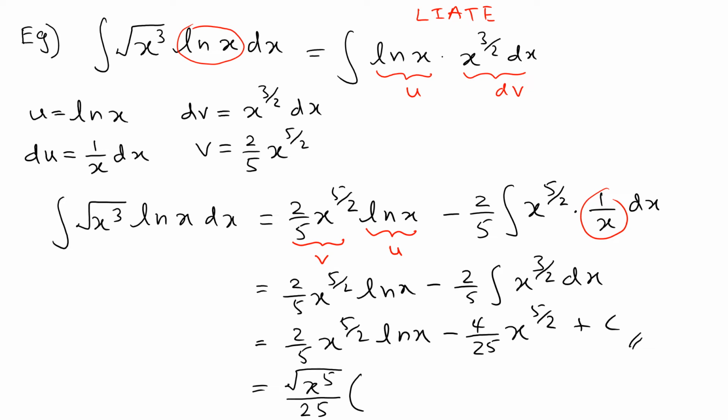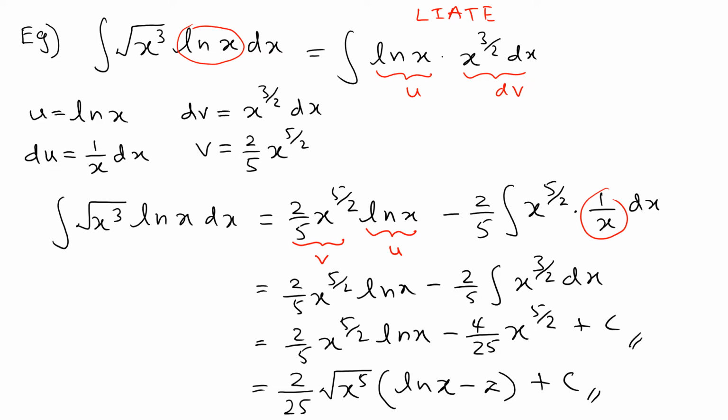So let's write it like this: you can write this as 2/25 times x to the 5/2 power, and then inside you're going to get ln x minus 2, plus c. So you can write this as the final answer for this one. Okay, so you can simplify this one really nicely. Okay, so let's look at the next one.